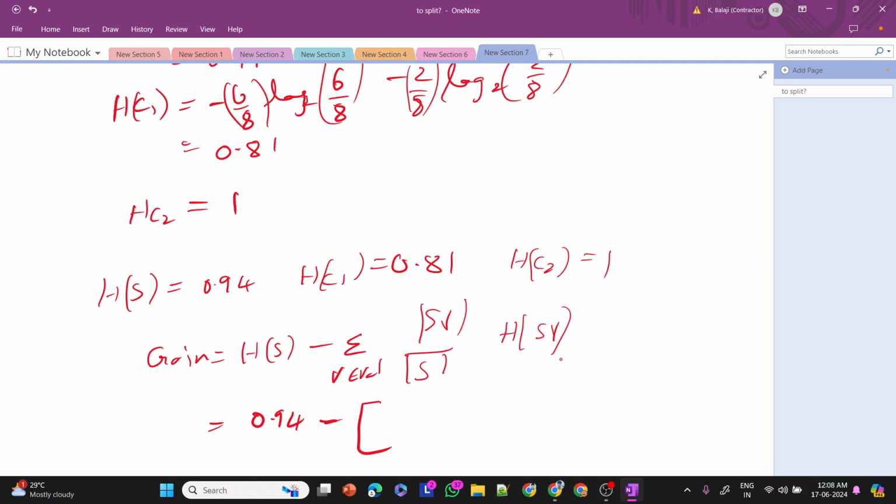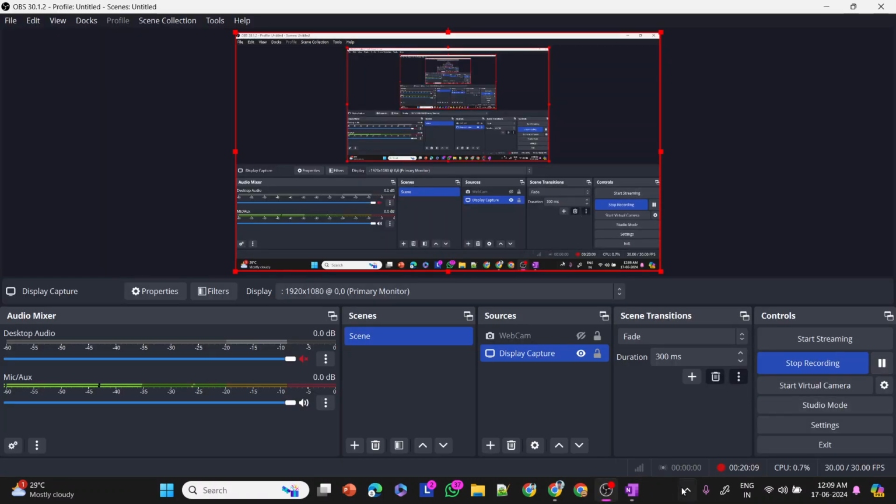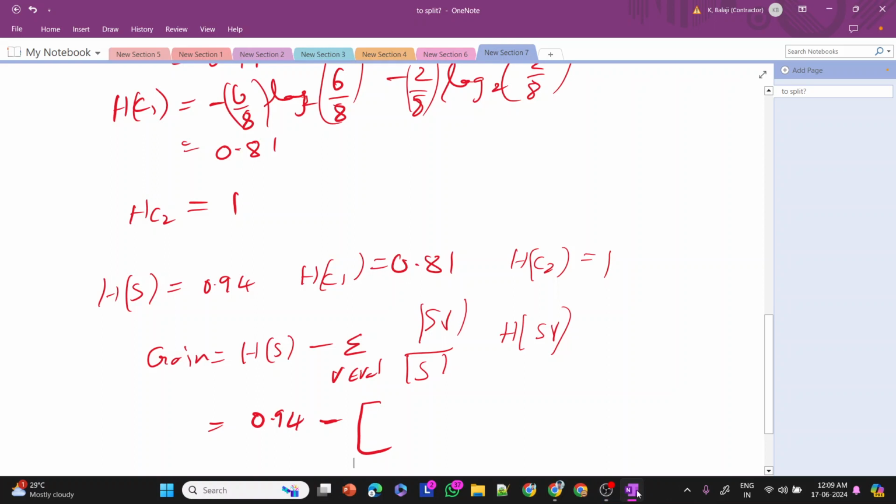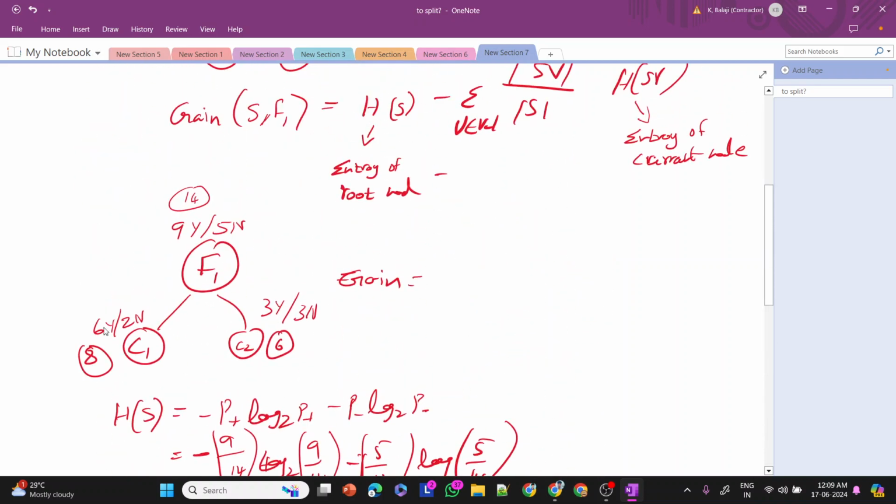First we apply this for C1. For C1 we have 8 outcomes and the root node has 14 outcomes.